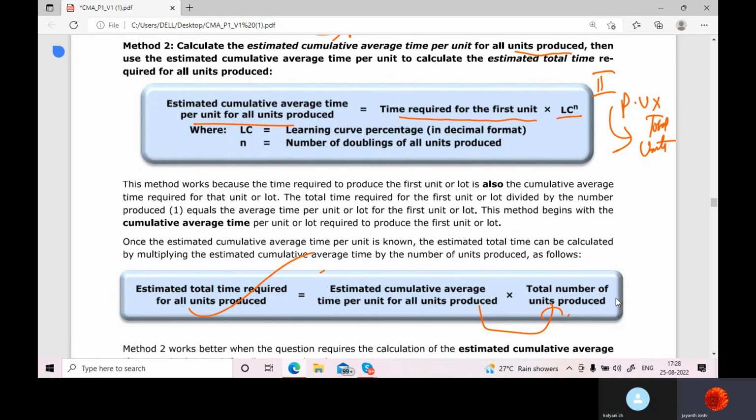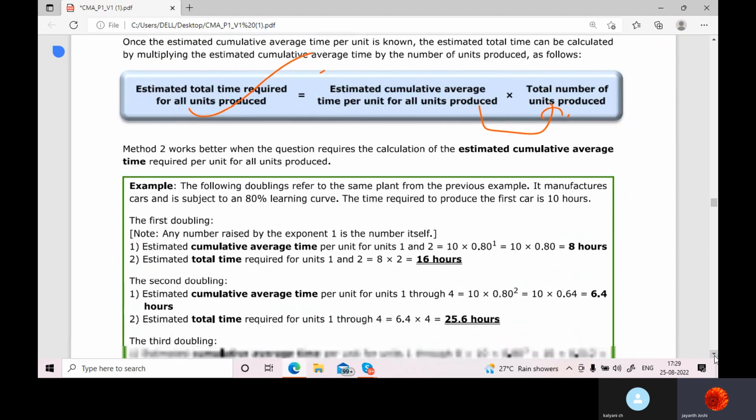That depends upon the data. If they give the total and ask us to find out per unit, or we have per unit data and we have to find the total. It depends. At the end of the day, with doubling, our experience increases and we consume less time.